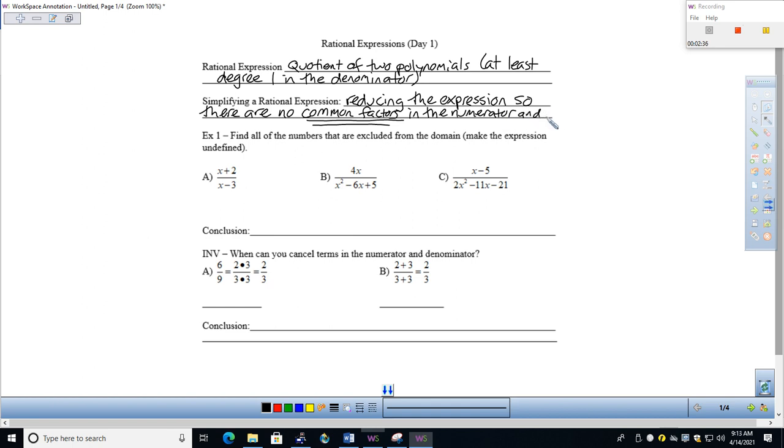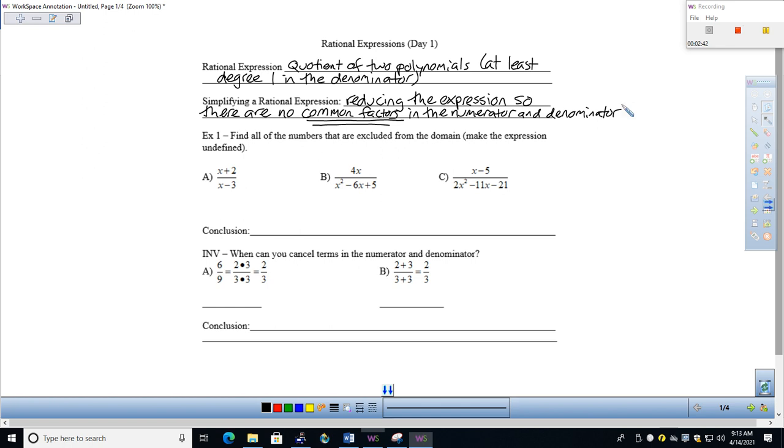And again, you've been reducing fractions now for a while. And when your teachers asked you to reduce fractions, what you looked to see is if there are common factors in both the numerator and denominator, and by canceling out those common factors, we can reduce. And so we'll be doing that momentarily here, but there are a couple conceptual things we need to kind of figure out when dealing with rational expressions.